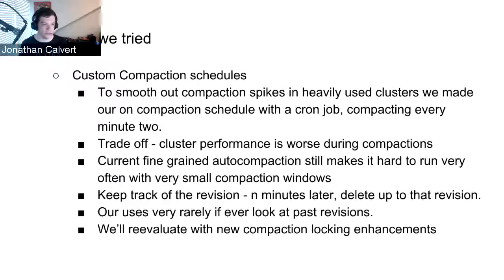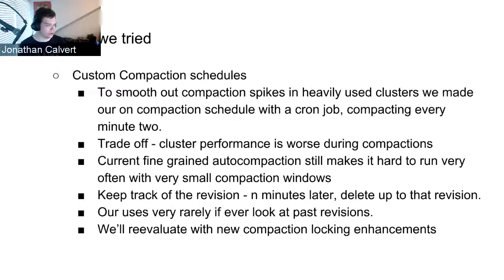For us, this was something that we had to do because we saw quite a bit of performance degradation if the compaction period was too long. If we were compacting every hour, that was not very good for our performance during that period, and we need consistent throughput.